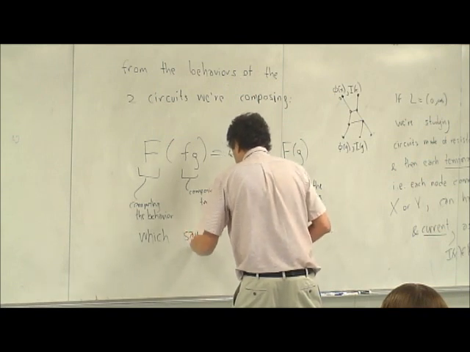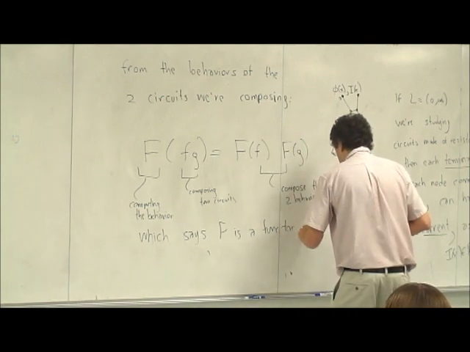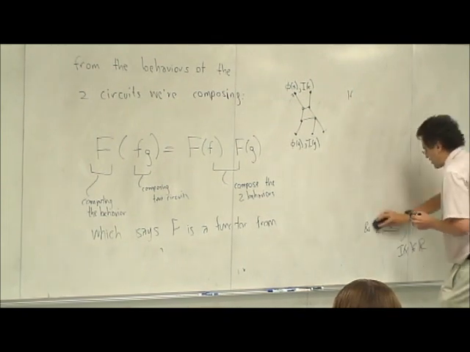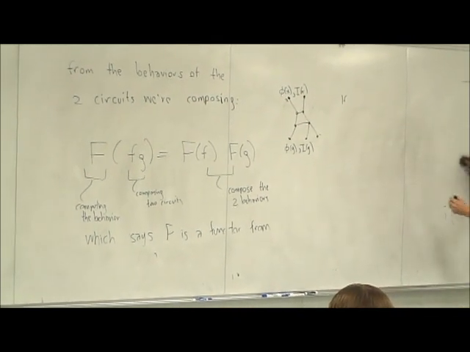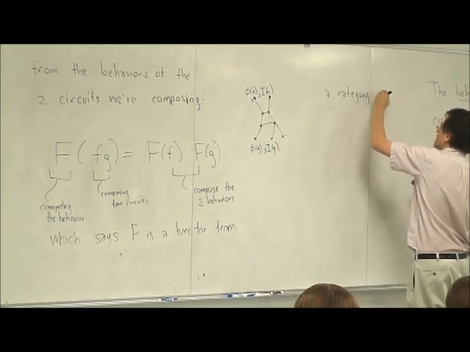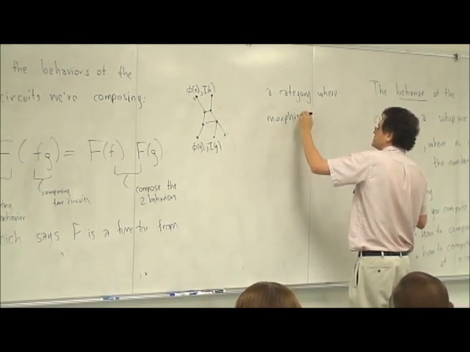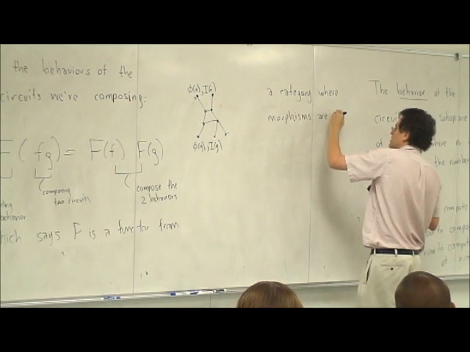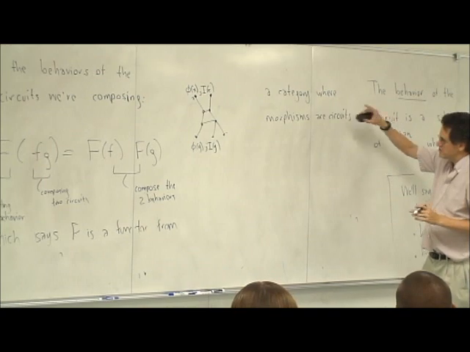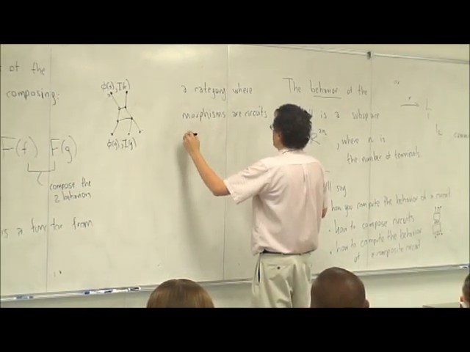It says f is a functor from a category where the morphisms are circuits to another category where the morphisms are behaviors. I told you what a circuit was, and I haven't told you what a behavior is, and I haven't told you how to compose either of them yet, but we will.